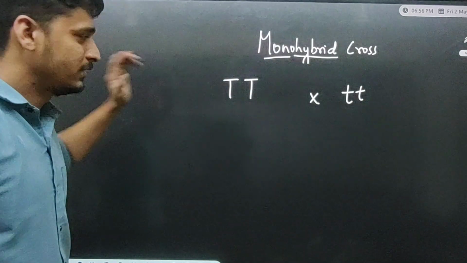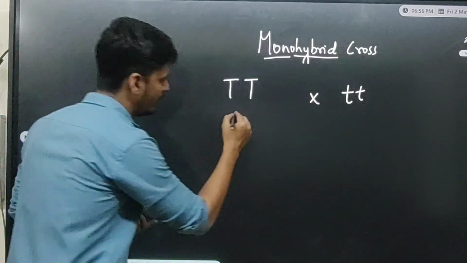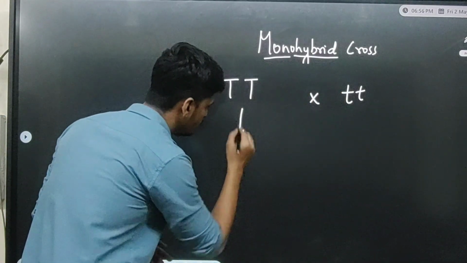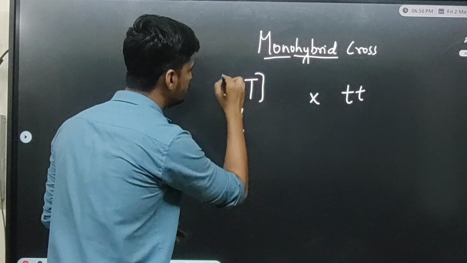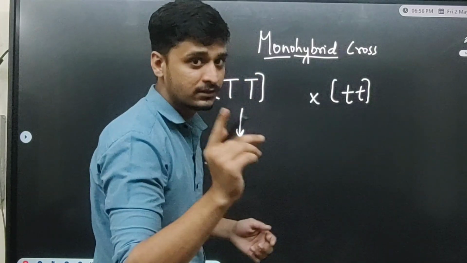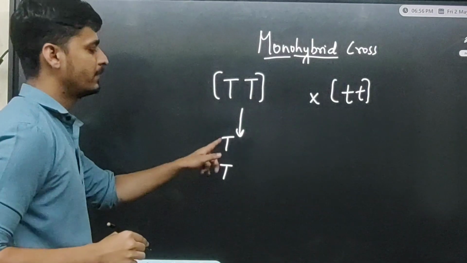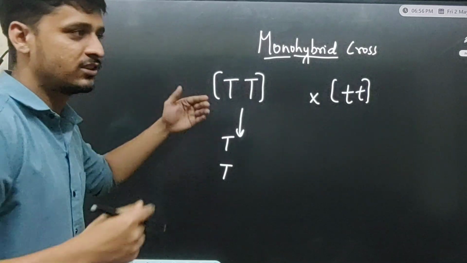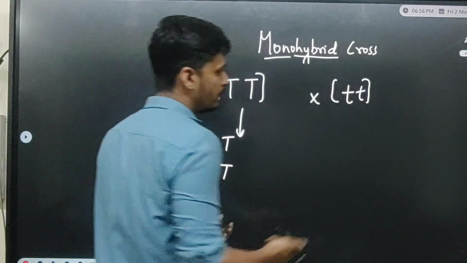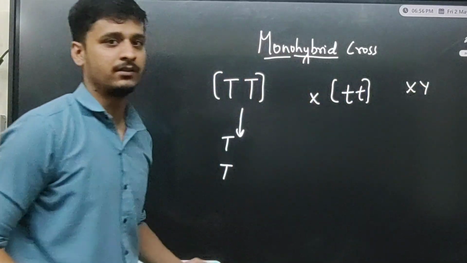Okay, so these are the alleles when they will produce gametes. Right? So this capital T will produce two types of gametes, but these two types will be similar, capital T and capital T. Just like in the case of humans, in males XY chromosomes are present.